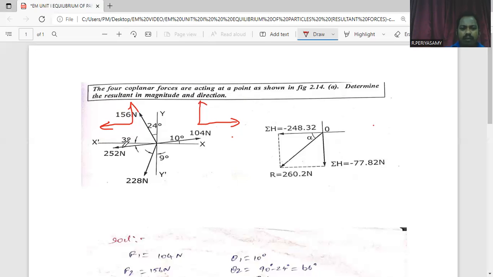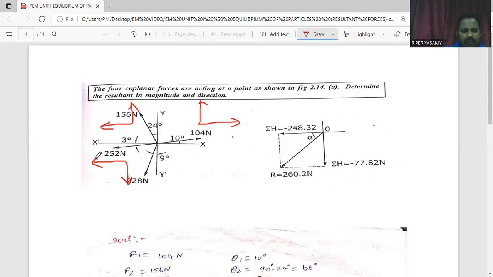And this is the third force. The third force direction is like this manner. This inclined force is further separated into horizontal force and vertical force. Its horizontal component is like this, and its vertical component is in the downward direction. Its horizontal component is 252 cos 3 degree.